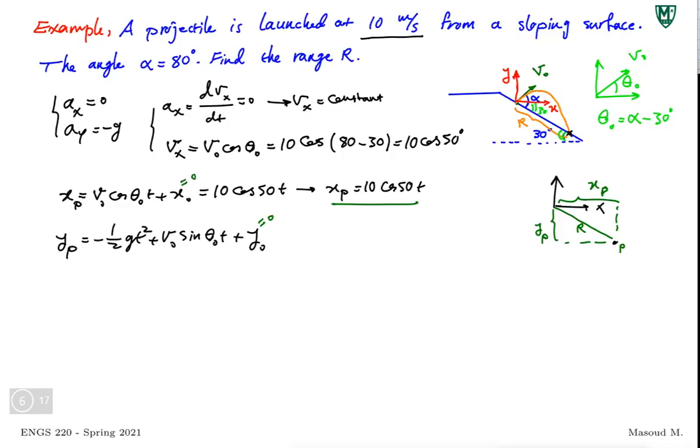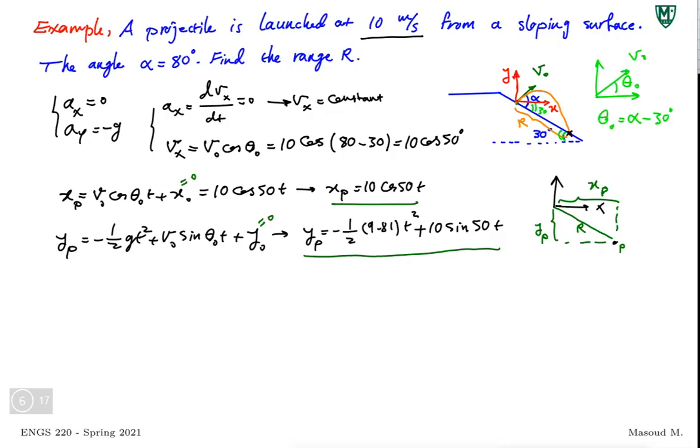Same story as X naught, because we start from where the origin of this coordinate system is. Now let's see what we have there. Only thing I know is one half g is 9.81 t squared plus V naught is 10 sine 50 t. Same story. This is the next equation I got.